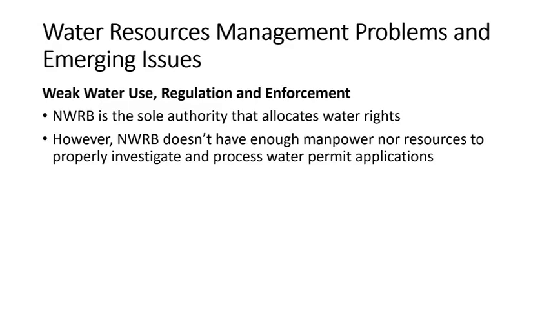They don't have enough resources to properly check everything that's happening. They can't even properly process water permit applications. So what happens is we just delegate everything to other agencies. And this has resulted in really controversial decisions.